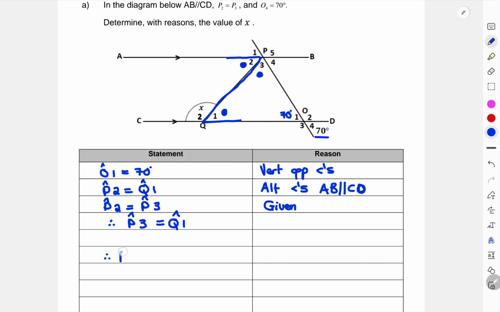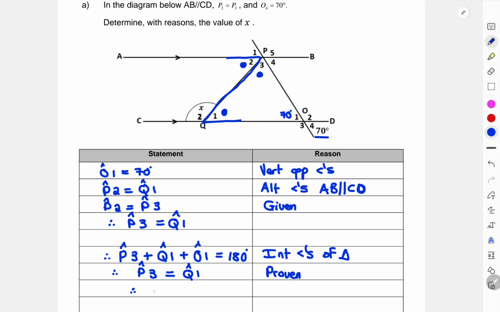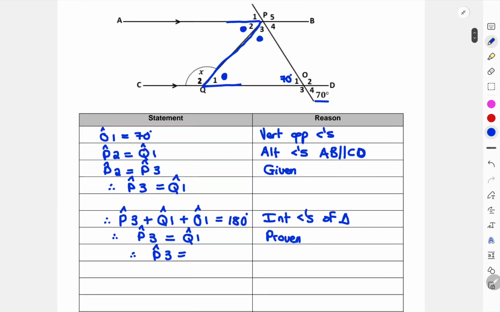So I'm going to say thus P3 plus Q1 plus O1 is equal to 180 because of interior angles of a triangle. And then I'm going to say that P3 is equal to Q1. That was proven. Thus, P3 is equal to 180 minus 70, which is 110, divided by 2, gives you 55 degrees.